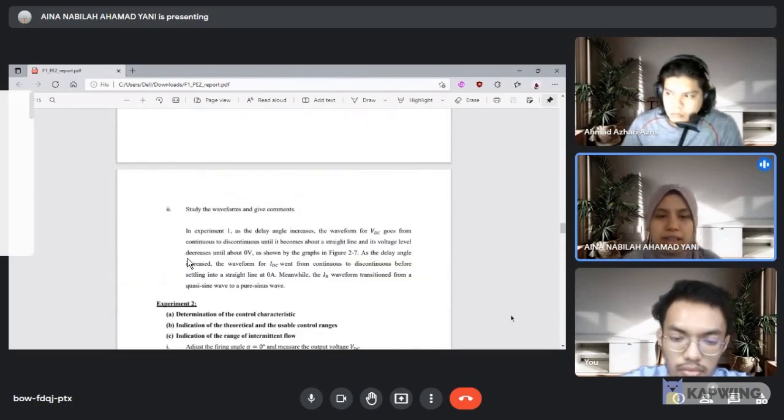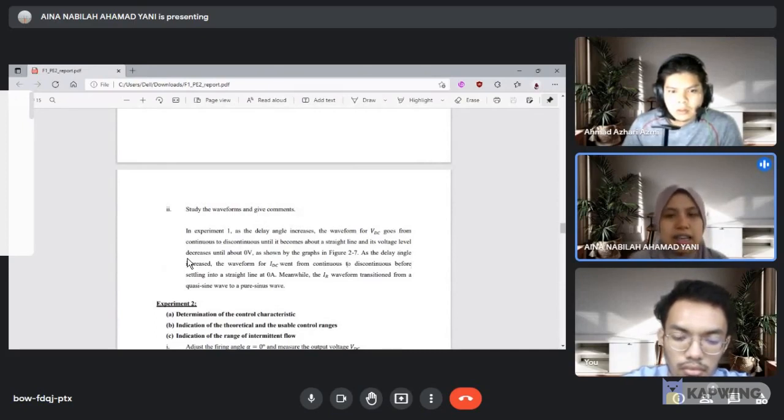So from the waveform, as the delay angle increases, the waveform of VDC goes from continuous to discontinuous until it becomes a straight line, and its voltage level decreases until about 0 volt, as shown by the graph in figures 2 to 7.